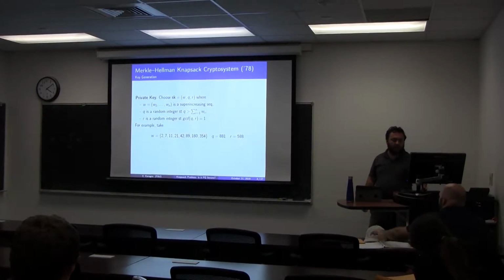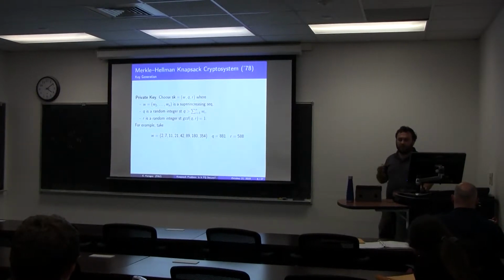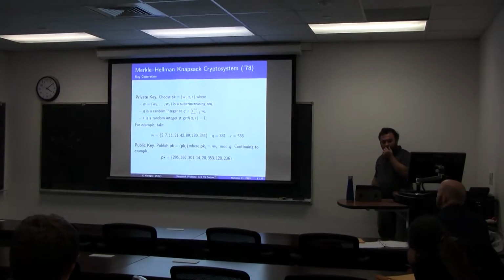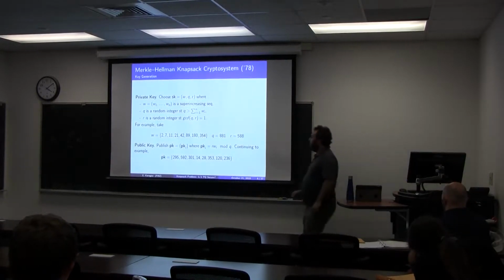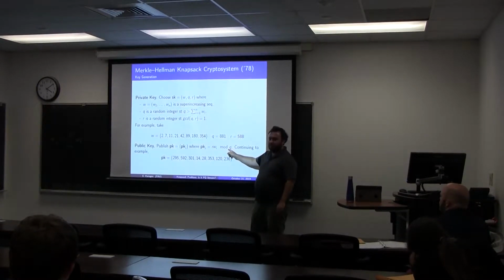And r is a random integer relatively prime to q. This is our private key, w, q, and r. We publish our public key by multiplying the wi's with r in modulo q.